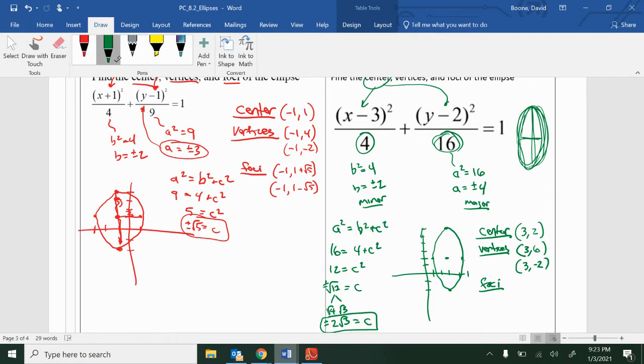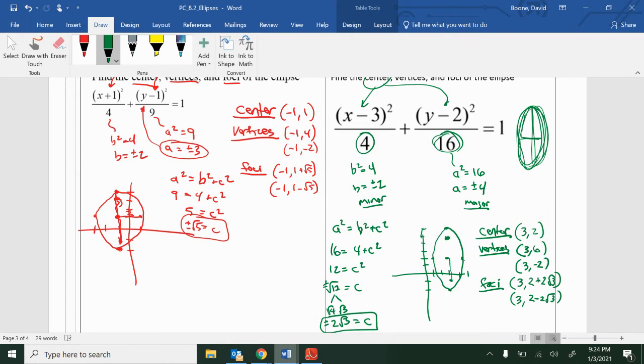So if I add 2 root 3, somewhere right in here. So if I'm going to do that, I'm going to take that point 3 from the center, and go 2 plus 2 root 3 to get this value, and then take 3 and go 2 minus 2 root 3 to get that other foci.